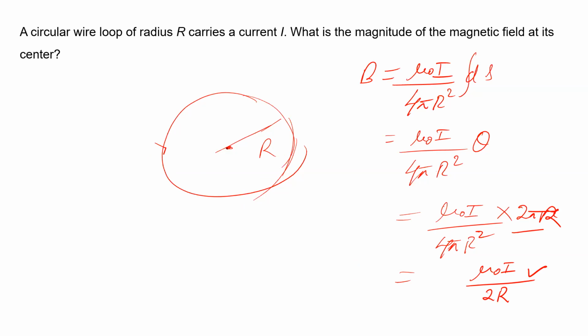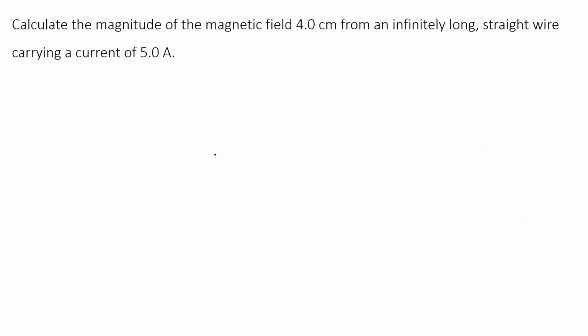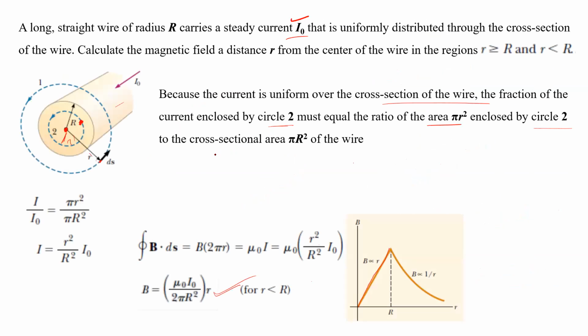So we are trying to find out the magnetic field at the center of this current carrying loop. But previously, what we calculated was for a straight wire, where we considered the cross section, the current carrying cross section, and the field at the center, that we were calculating. Okay, so that is the basic difference.